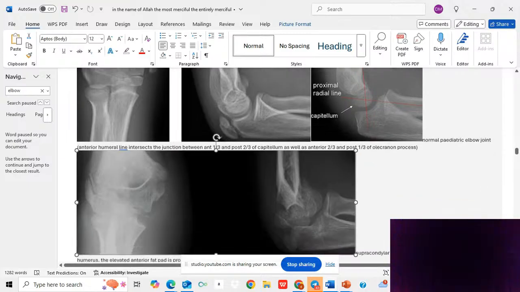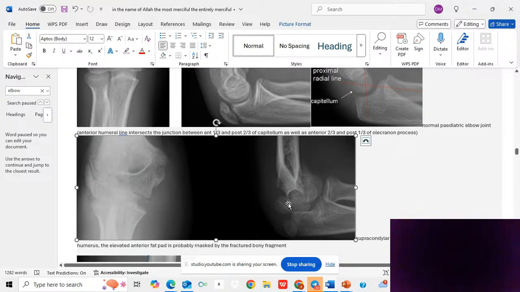What about the olecranon process? The anterior humeral line intersects the olecranon process normally, at the junction between the posterior 1/3 and the anterior 2/3, just like here. So the olecranon process is normally located.